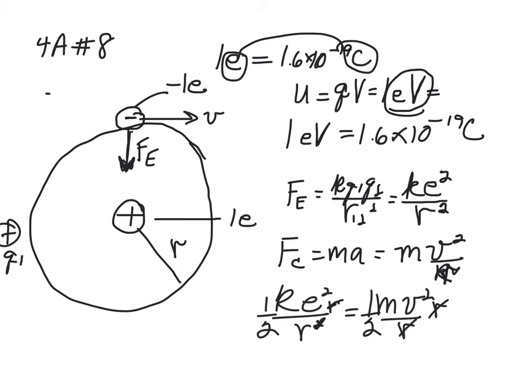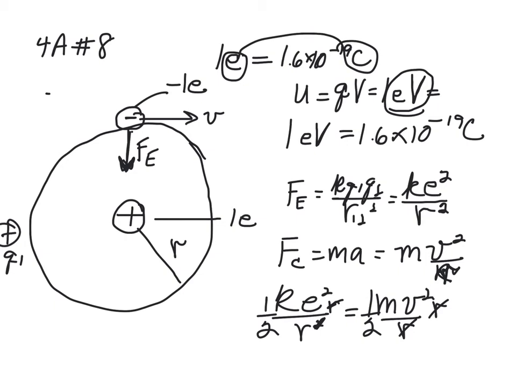Anyway, what we found, don't get lost, what we found is the kinetic energy that the electron has to have if it's in a stable orbit, and this is the amount of energy it has to have. We can calculate it. Now, compare that to its potential energy. Well, the potential energy, we know how to do that.